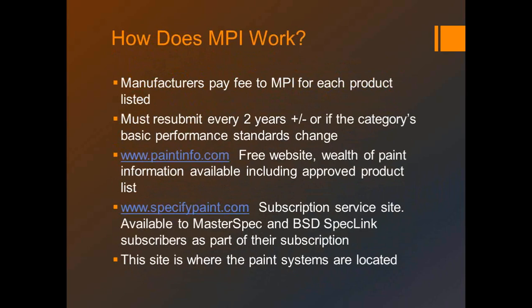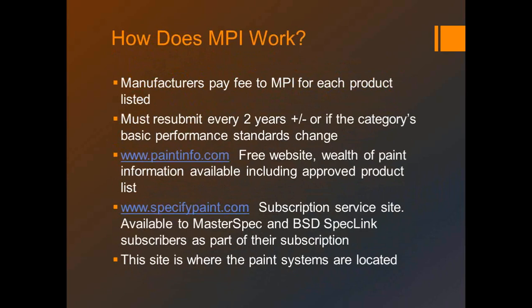And if anybody has looked on the paintinfo.com website, MPI continues to grow the categories that they have in the MPI system. If you haven't visited the site, it's www.paintinfo.com. That's a free website. You can go out there. There's a lot of paint information, and some good information on surface preparation. There's just a wealth of stuff out there if you want to peruse the entire site.